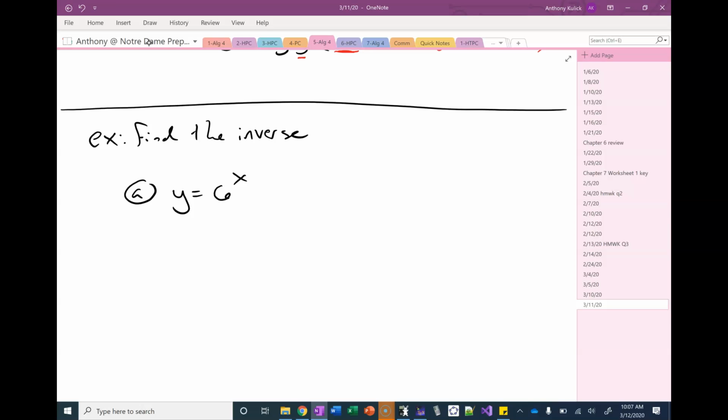What's going to cancel the exponent base of 6? Log base 6. Very good. So I'm going to do log base 6 to both sides.